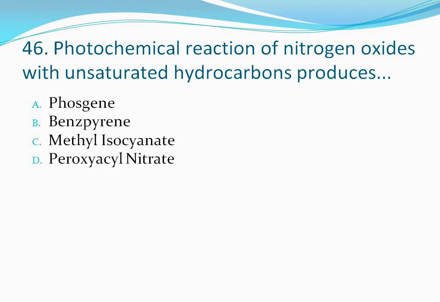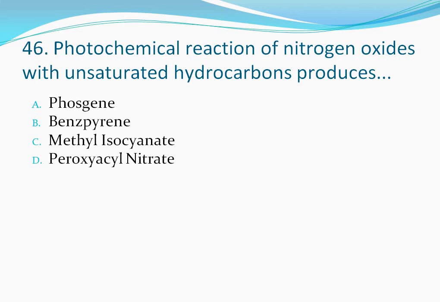Question number 46. Photochemical reaction of nitrogen oxides with unsaturated hydrocarbons produces. Your options are option A, phosgene. Option B, benzpyrene. Option C, methyl isocyanate.